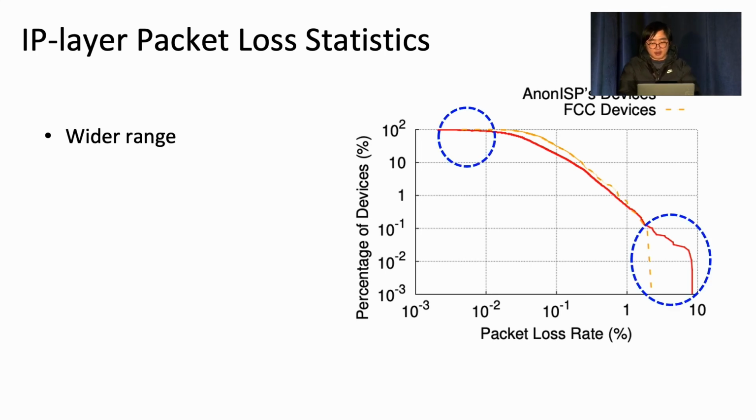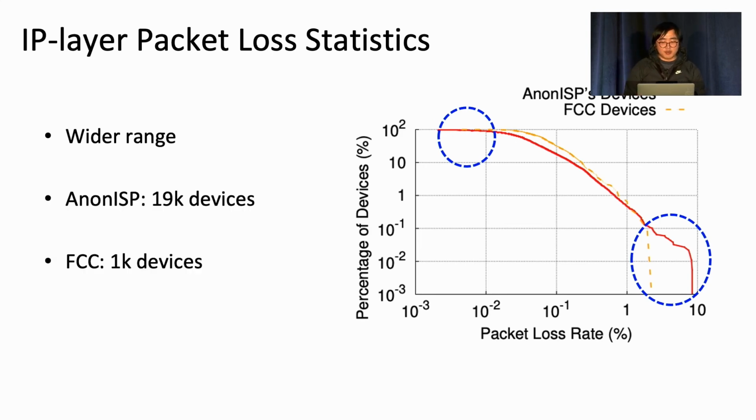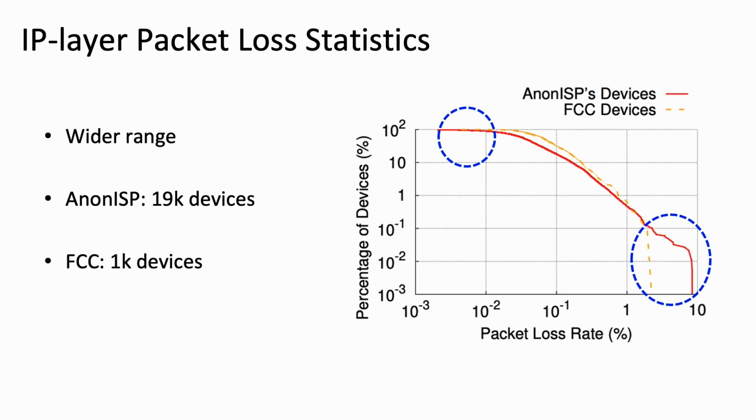We can observe here the Along ISP's measurement results have a wide range. We think that is because the Along ISP's measurement includes 19,000 devices, while the FCC only measured 1,000 devices. So from this figure, we find that these 2 measurements have a similar distribution.